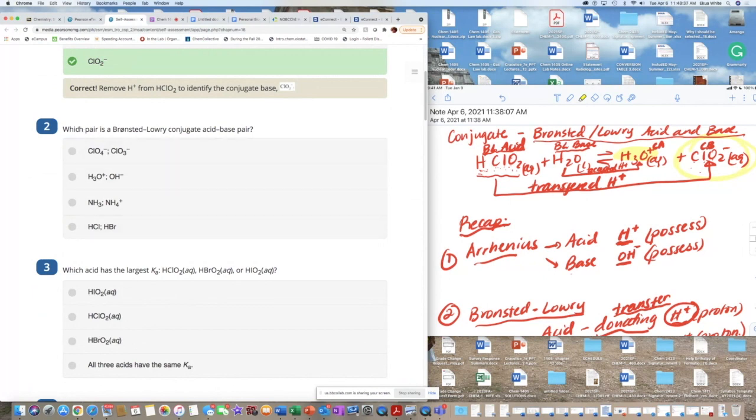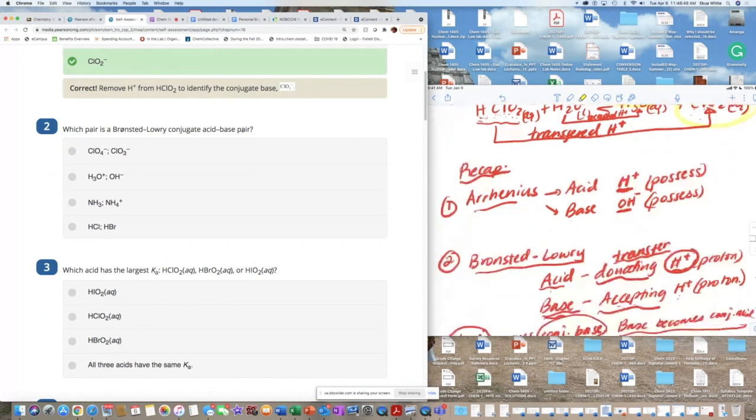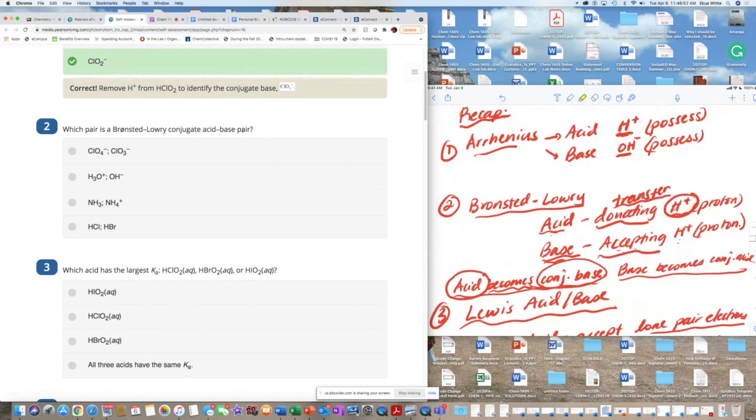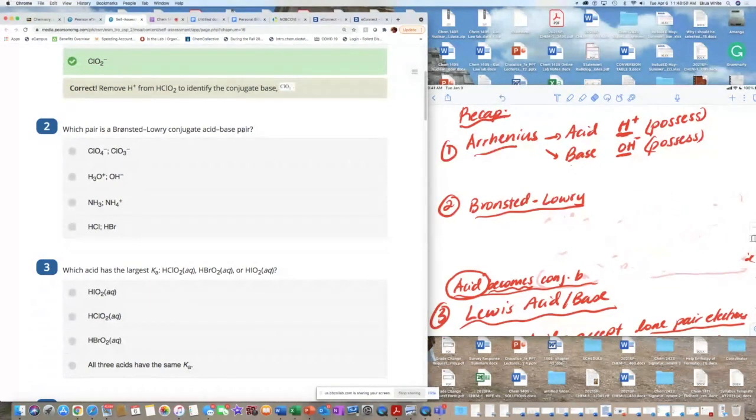Okay, moving on. Which pair is the Bronsted-Lowry conjugate acid-base pair? Now I've already gone through the whole conjugate acid-base pair, right? The conjugate acid-base pair is essentially the before and the after underneath Bronsted-Lowry, once we have defined what acids and bases are according to Bronsted and Lowry.